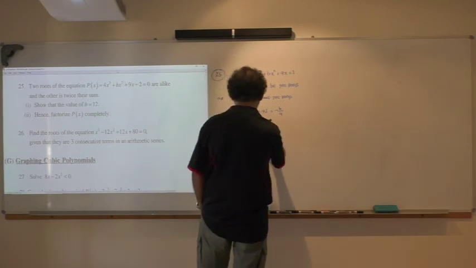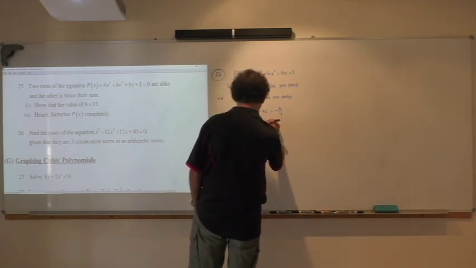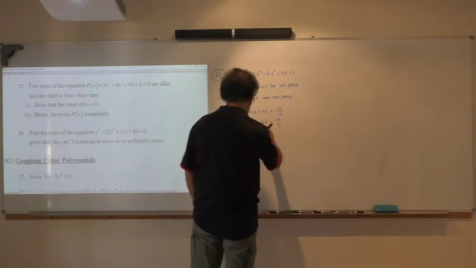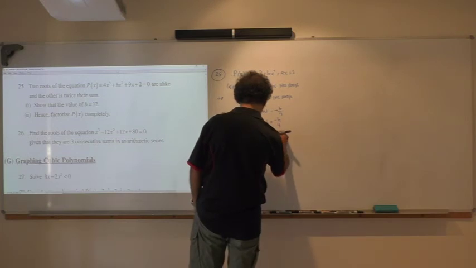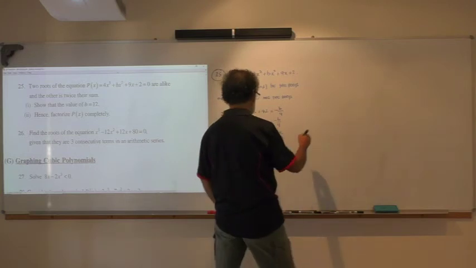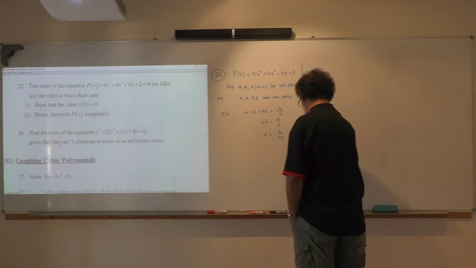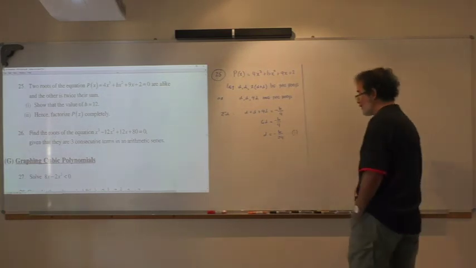So that's the same as saying 6 alpha is equal to minus b on 4, or alpha is equal to minus b over 24. That is something we're going to be using probably, so I'm going to call that one.